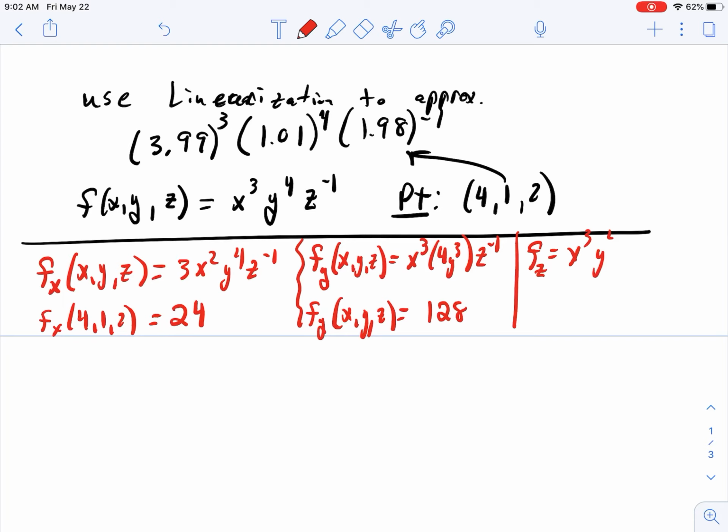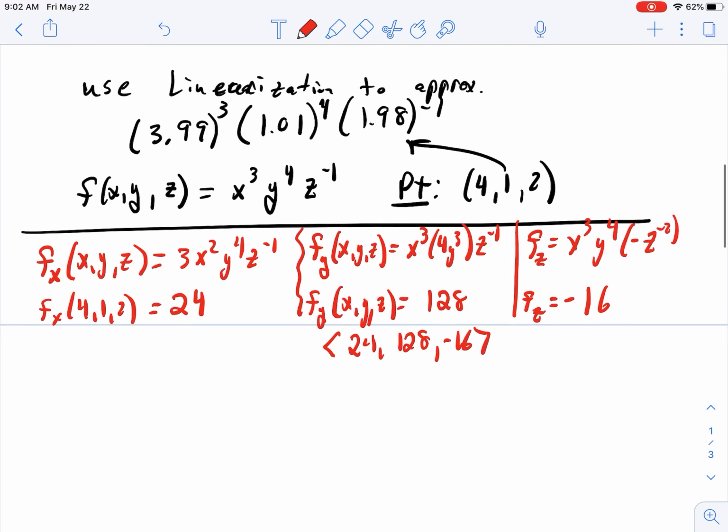It would be x cubed, y to the fourth, and this would be negative z to the negative 2. So therefore the point at this would be negative 16. Okay, so again, my slope here is 24, 128, and negative 16.